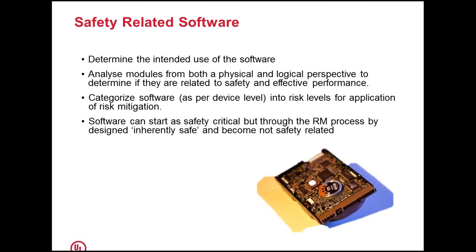So what this means is you will start thinking that software is very critical for this type of application, but there are various other control mechanisms which can be adopted. So at the end of your development cycle, it may even turn out that it is not critical to safety.